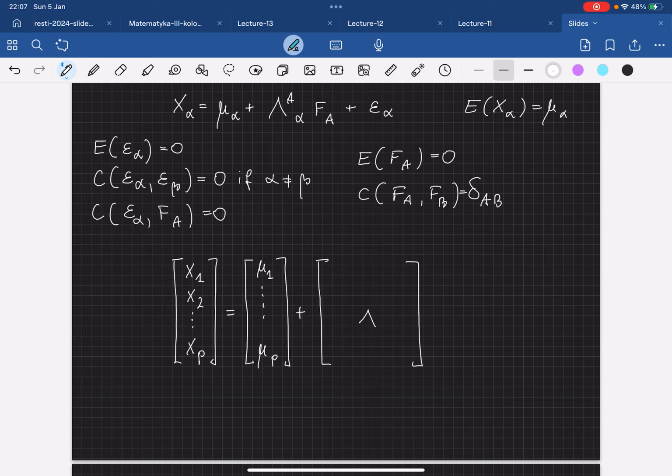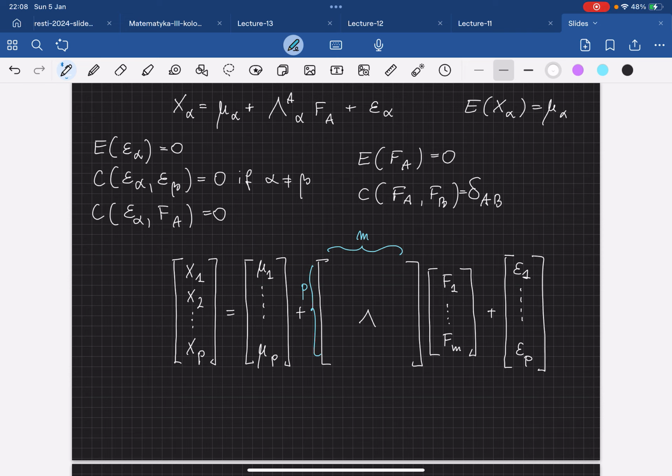This is the lambda matrix, and the lambda matrix acts on factors, which there are m of them, and this means that we have here m columns and p rows, and of course we have not equals but plus, and we have here those errors, epsilon_1 up to epsilon_p.